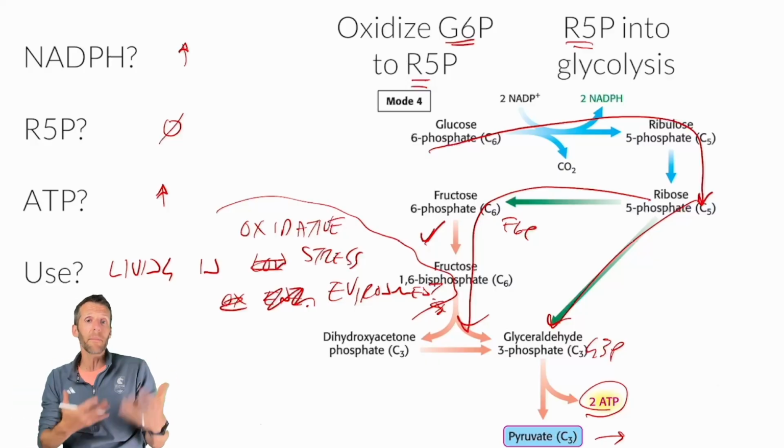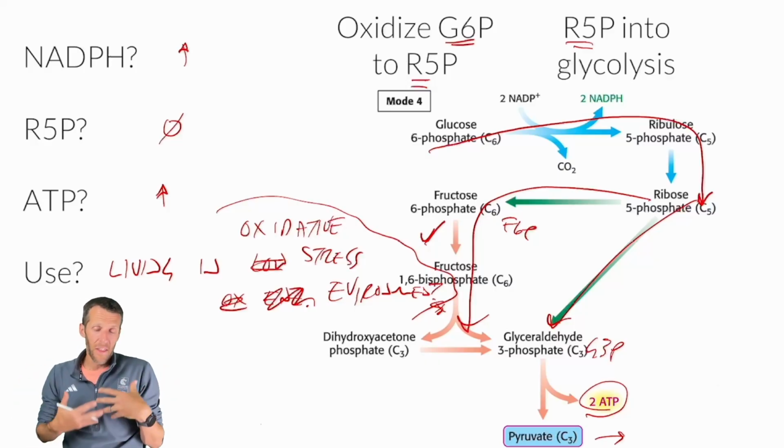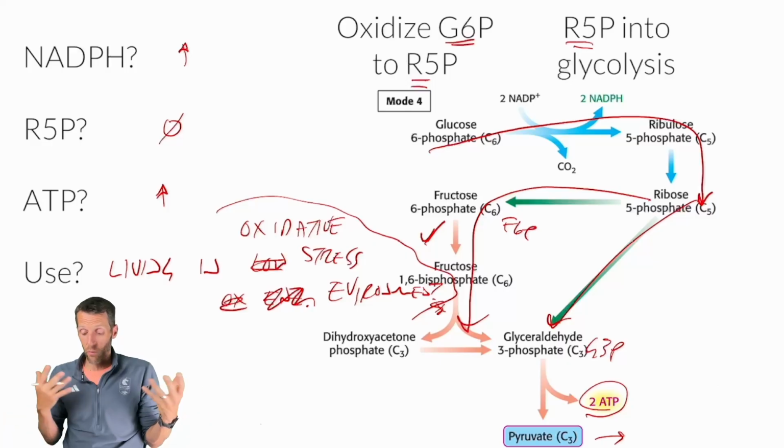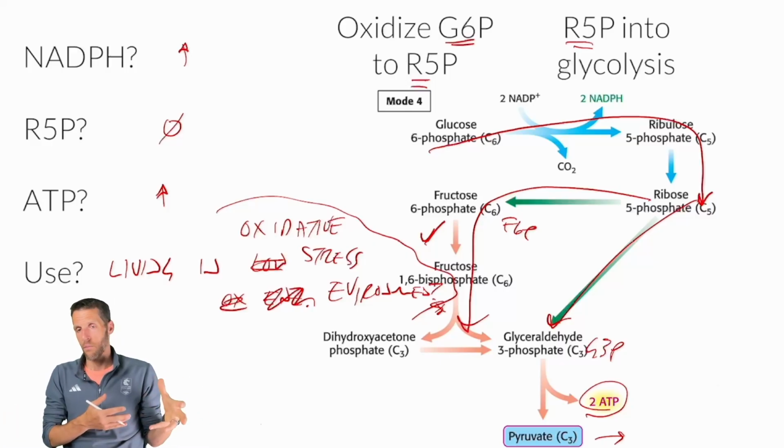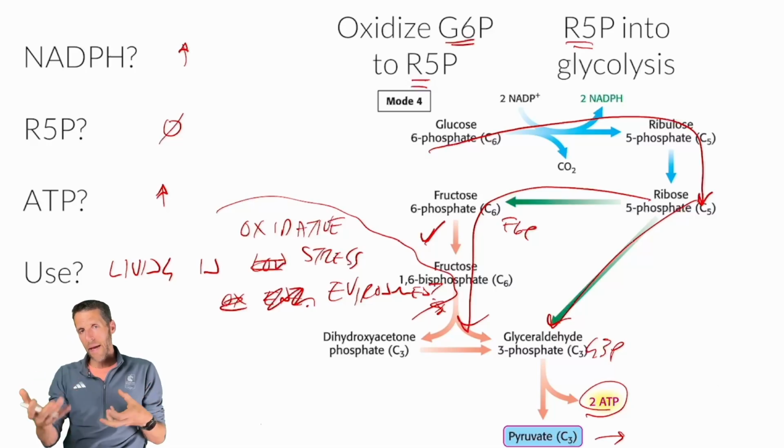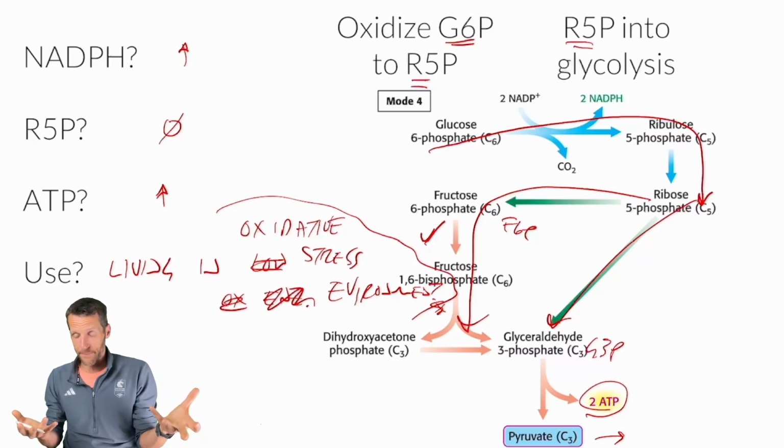So they need to make NADPH to deal with, say, oxidative stress. They also need to get some energy out, and so they're going to run this pathway to take their carbons and both make NADPH and make some ATP.